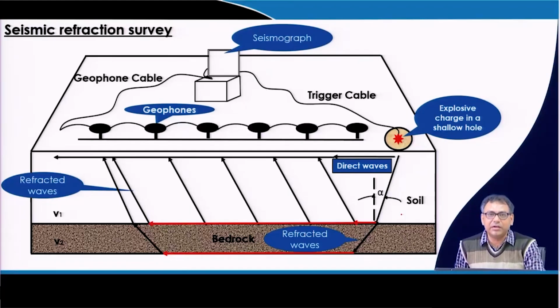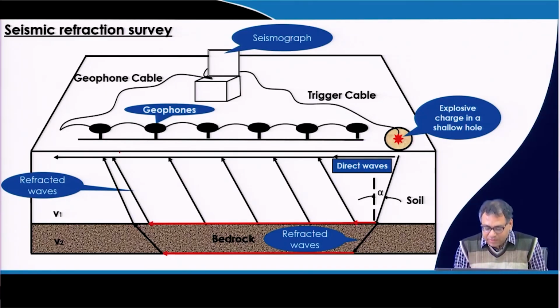And another issue is that in the reflection survey, we are measuring the thickness of the top layer only. But in the seismic refraction survey, we can measure the thickness of n number of layers also. Here your methodology is the same, because this is the source and these are the positions of the geophones. Again from the source there will be direct rays and refracted rays also.